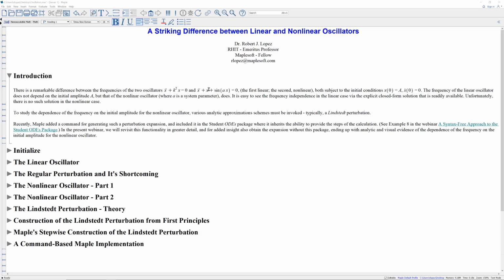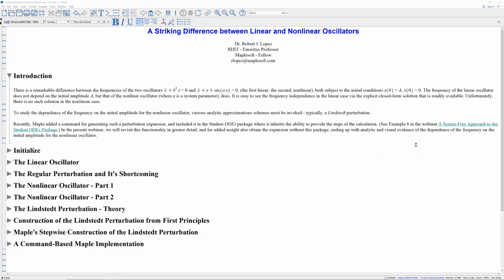Recently, Maple added a command for generating that kind of a perturbation expansion. It didn't have that years ago. It's there now, in the Student ODEs package, and it has inherited the ability to provide the steps of a calculation.